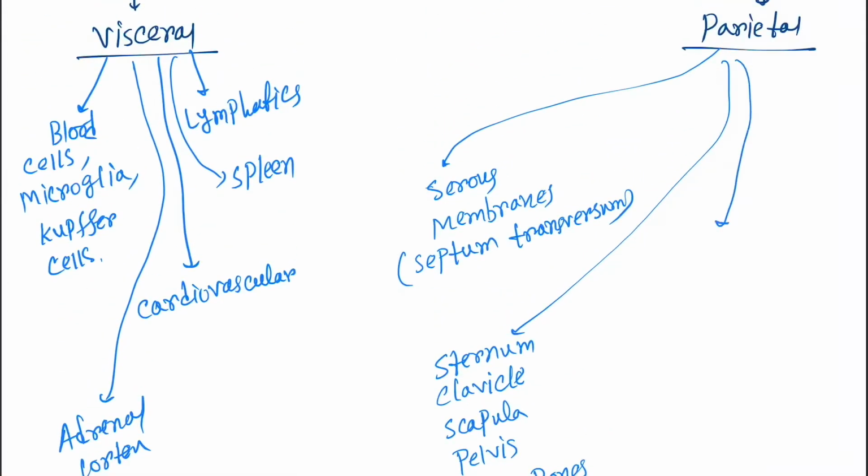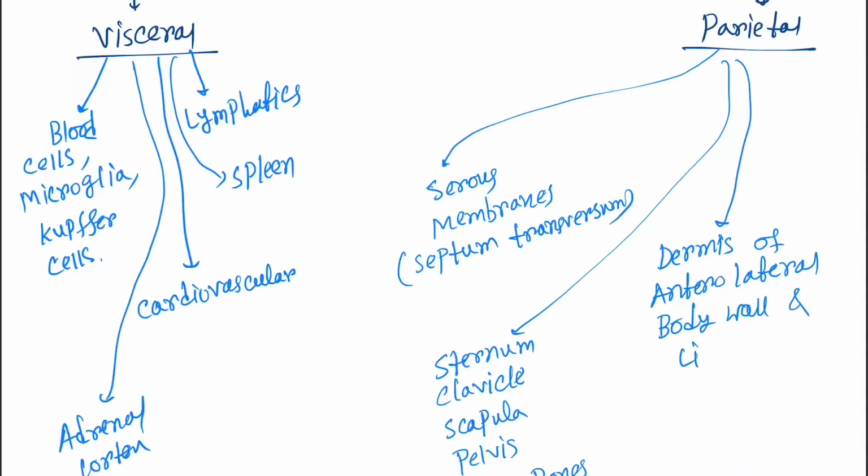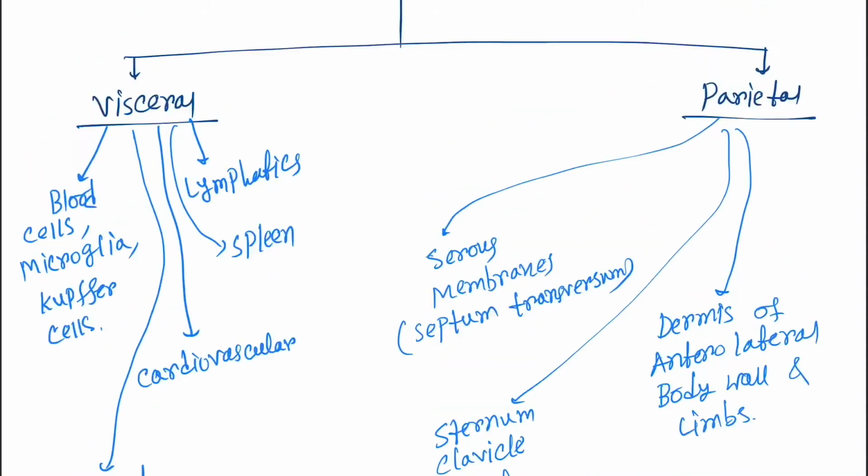Okay, and another one is dermis of anterolateral body wall and limbs. So this is lateral mesoderm.